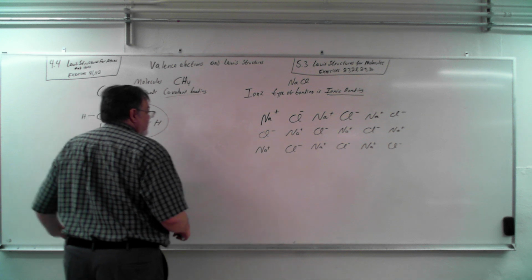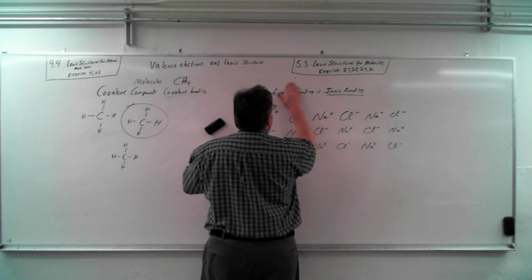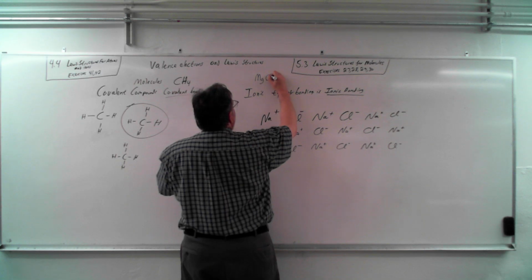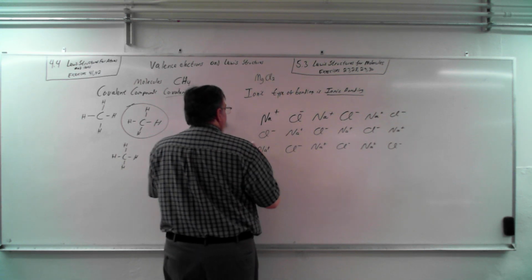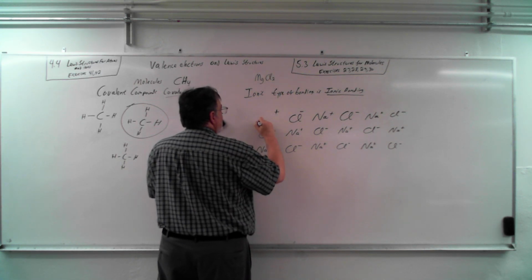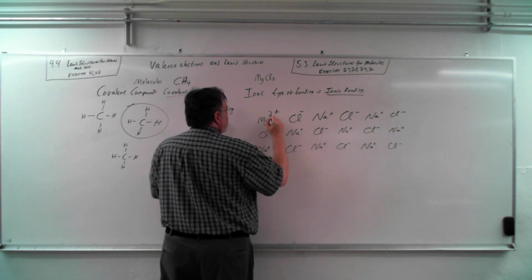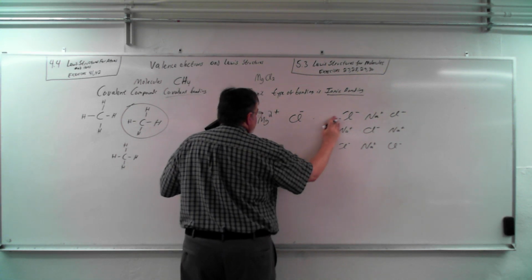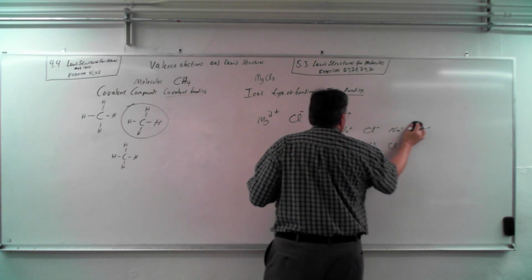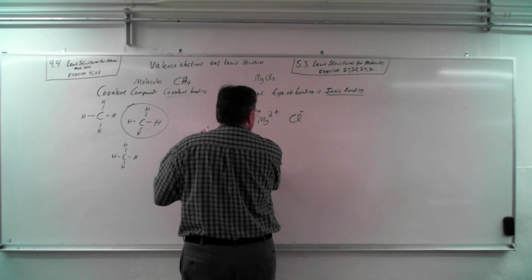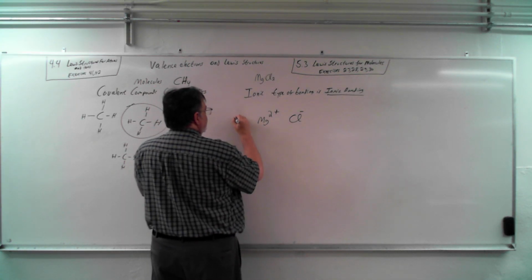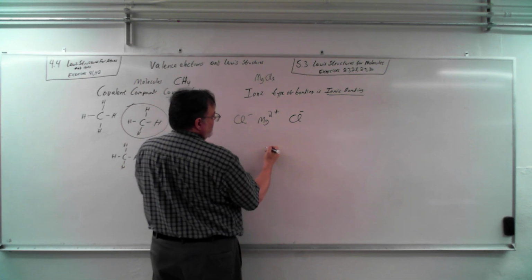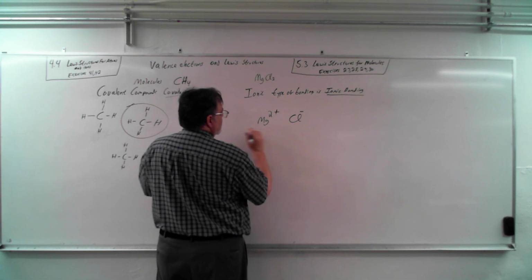Just to backtrack a little bit, what if we had two? So now we've got Mg2+ and Cl, and this is a subject you'll cover in 1212. So something like this is kind of hard to do. Let me just do it like this.